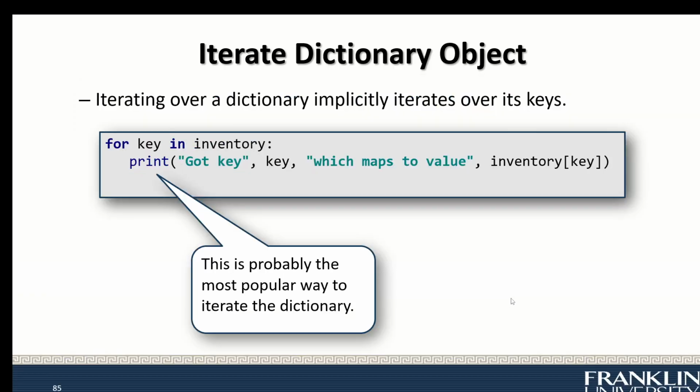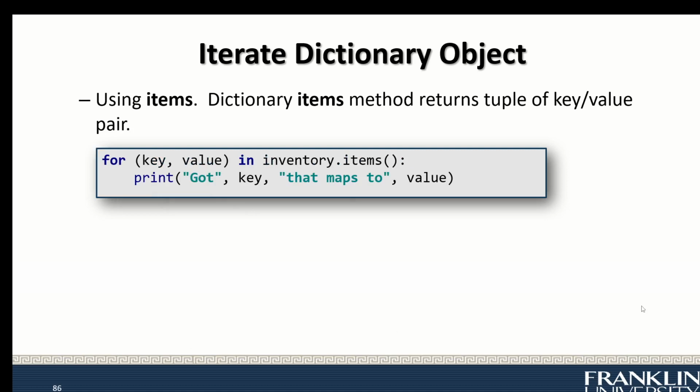I mentioned earlier, iterating over a dictionary implicitly iterates over the keys. And this is what I use probably the most. You can also iterate over items, and this is probably the second I use the most. So I'm just showing the most and the least. This is kind of like enumerate. If we call enumerate, you can get the index and value.